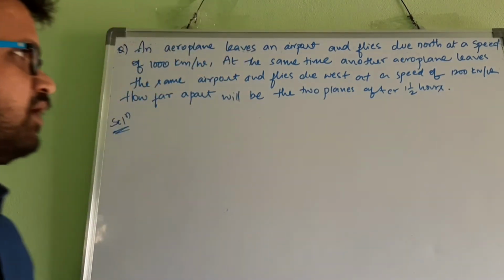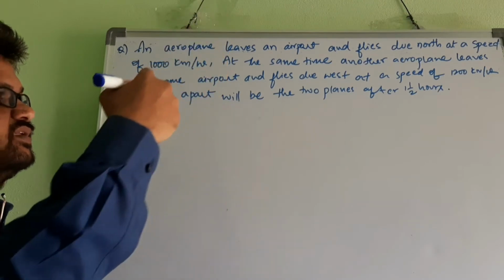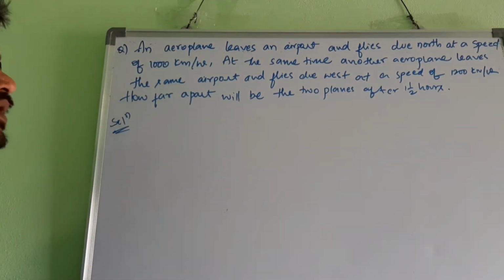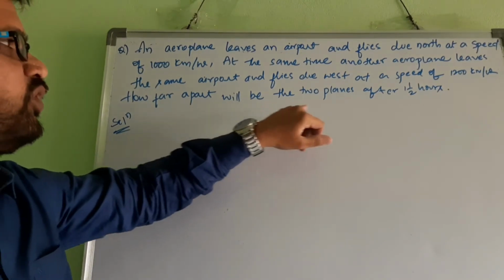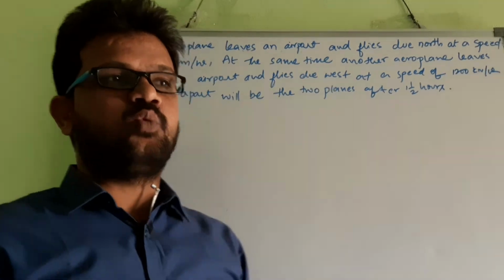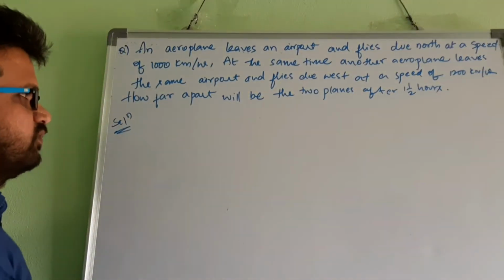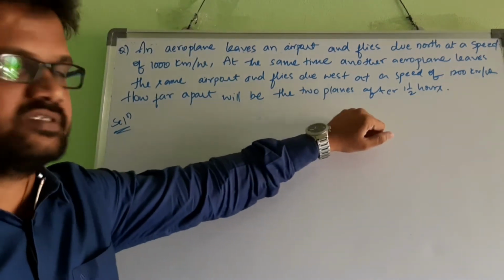One plane is flying towards north, another towards west. The speed and time duration are given. Both planes travel 1.5 hours. Then what is the distance between them after 1.5 hours? This is an application of Pythagoras theorem.